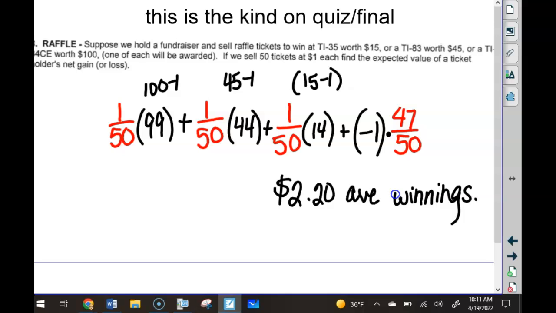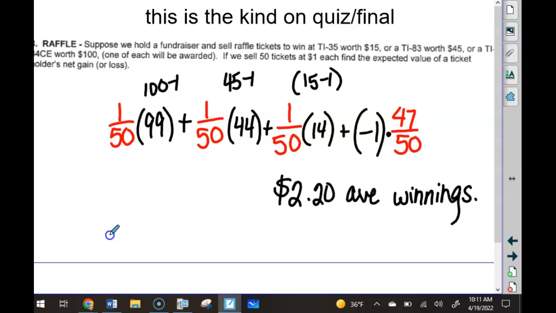So what this means to someone buying a raffle ticket is you have a good chance of coming out to the positive. Now, obviously, only 3 people are going to win. But if you are the person trying to do a fundraiser, how many dollars worth of tickets did we sell, guys?